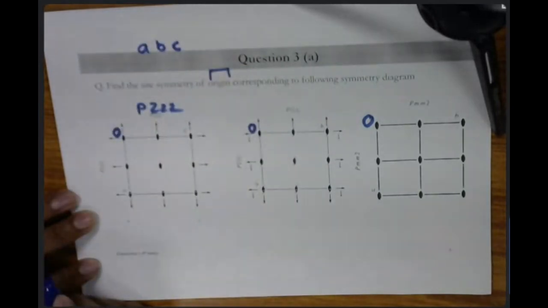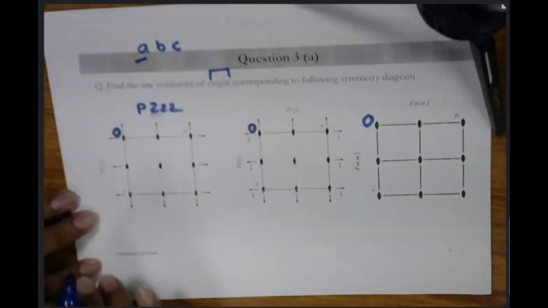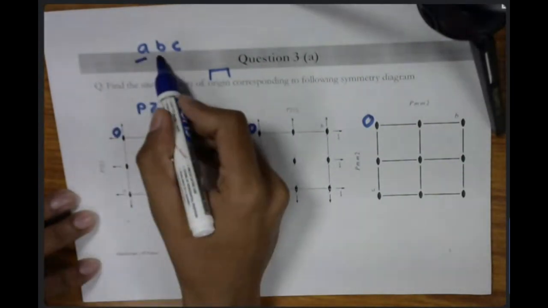So this is P222, so we got to know that it is P222. This is an orthogonal system, right? And we know in the orthogonal system, the viewing directions are A, B, and C. About the A, we'll see what kind of symmetry element A is holding, what B is holding, and what C is holding from the origin.